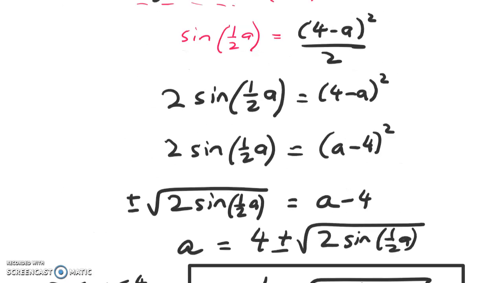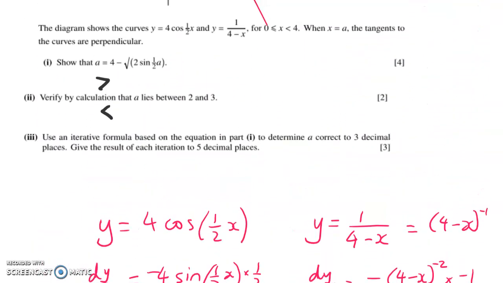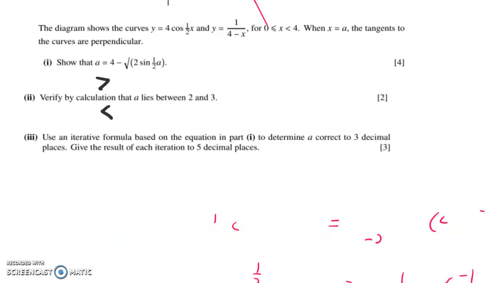Okay, now the very last bit, the easy 3 marks but the boring 3 marks. Use an iterative formula based on the equation in part 1 to determine A correct to 3dp. Right, let's just wipe out some of this mess and we'll just work in this space. So let's start with A0 is 2, doesn't really matter.